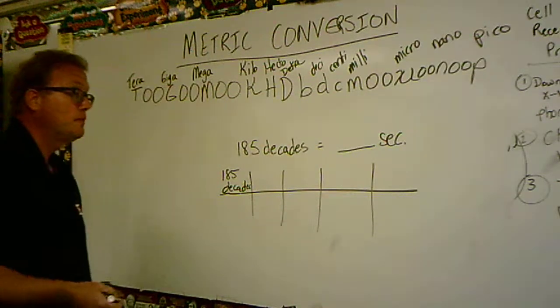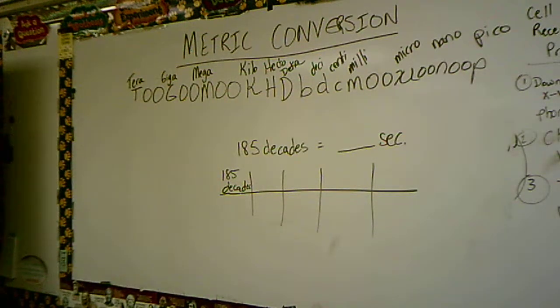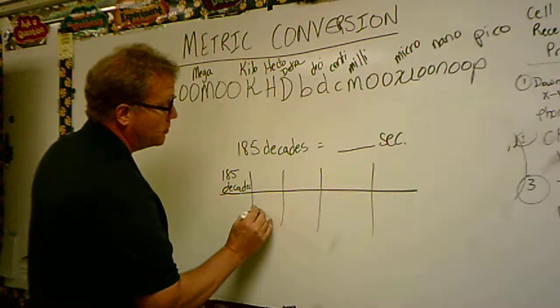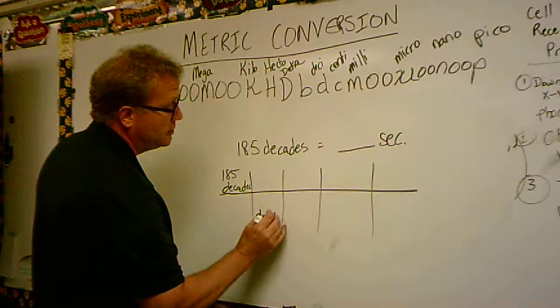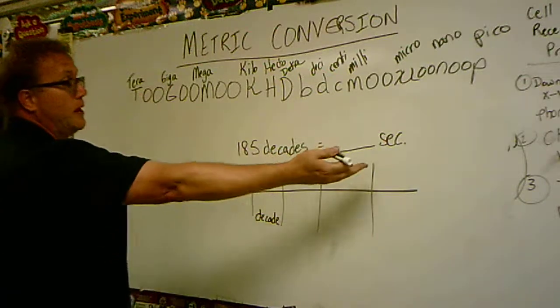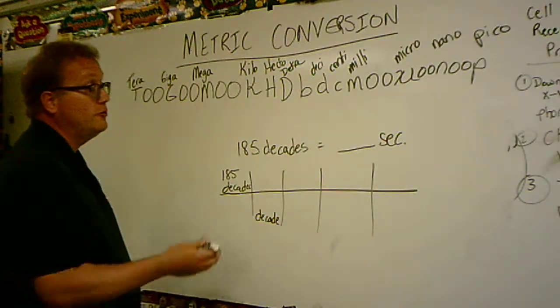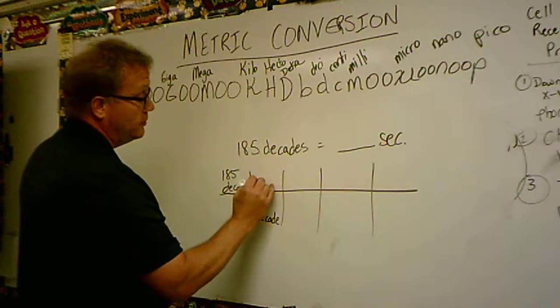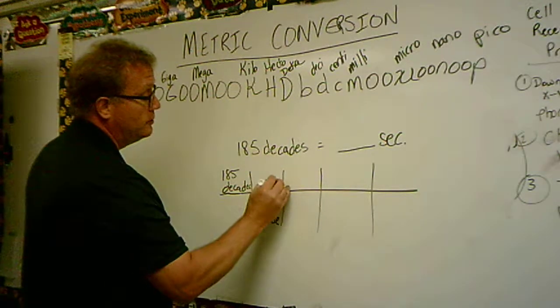So I got 185 decades. How am I going to cancel out decades? Well, I got to put decades at the bottom. I'm going from a larger to a smaller, so I got to start progressively going smaller. So now I'm going to go to years.